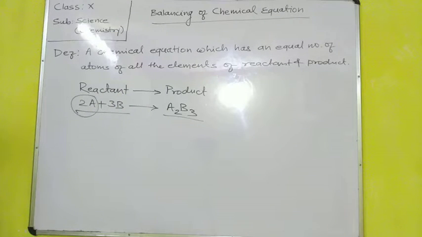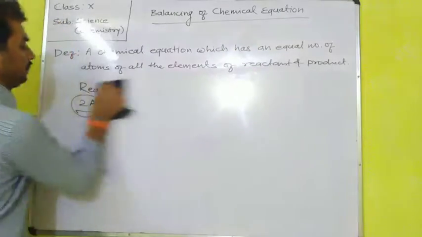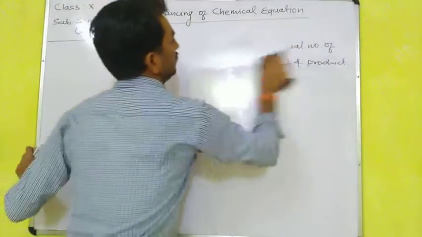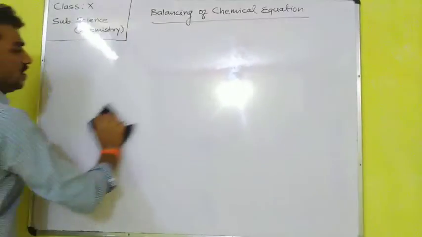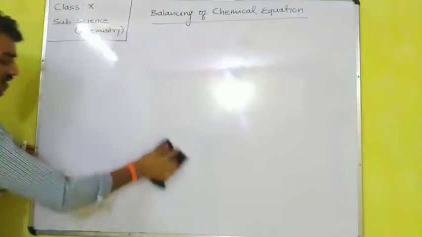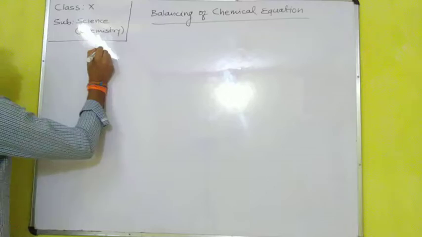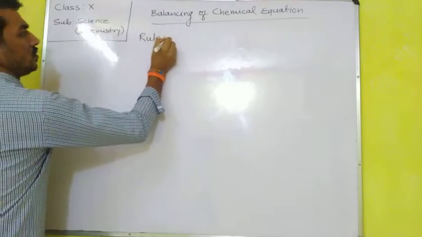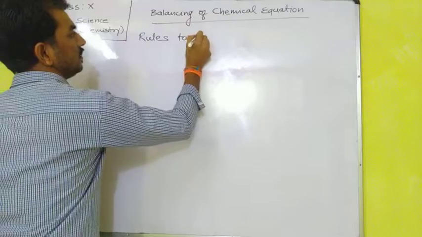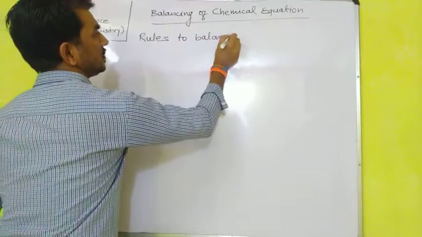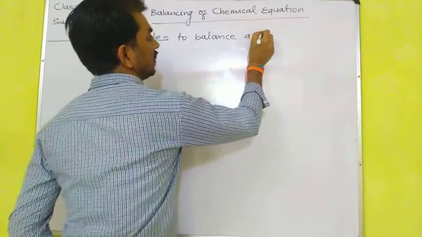First we write the rules by which we can balance a chemical reaction easily. There are many methods by which we can balance a chemical equation, but one of the best methods is the one by which we can balance any chemical reaction. Rules to balance a chemical equation.